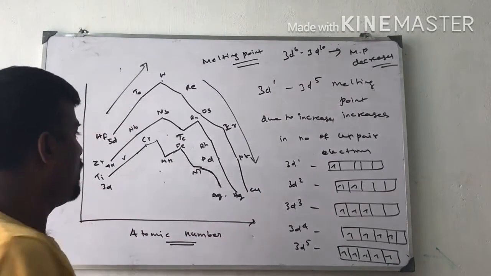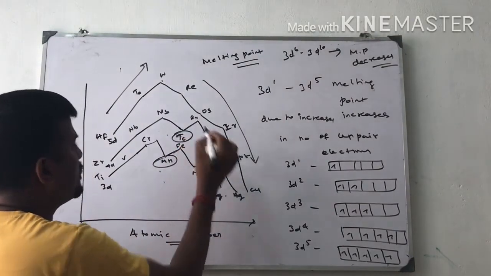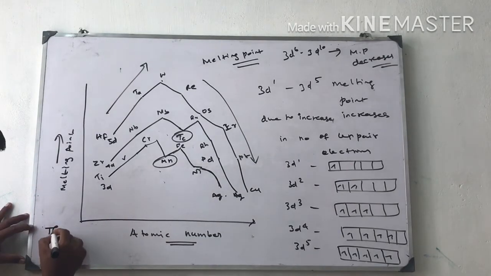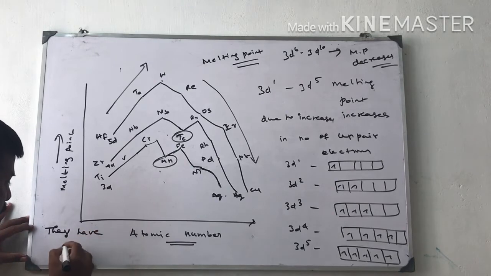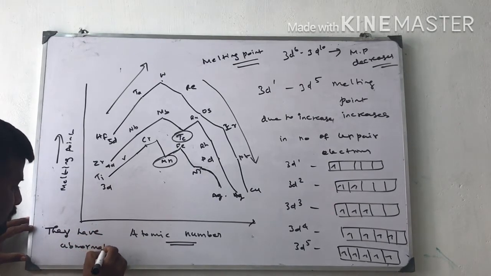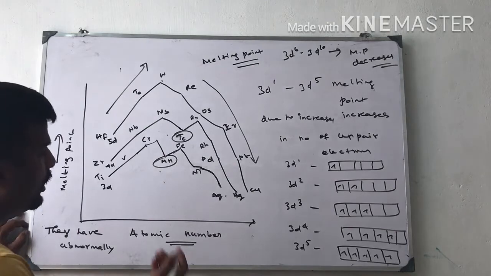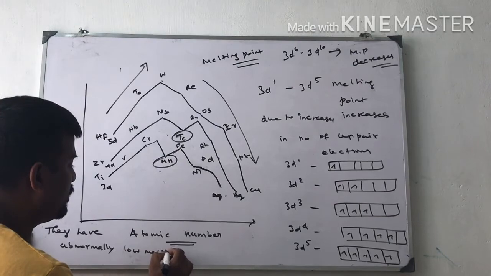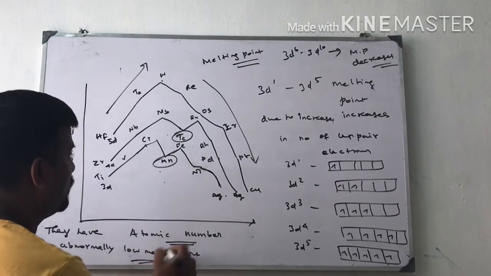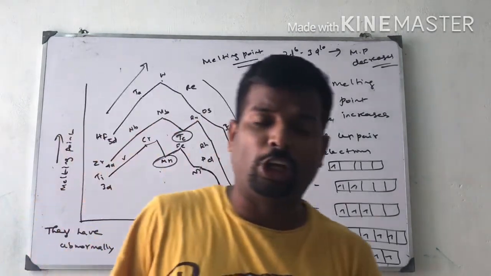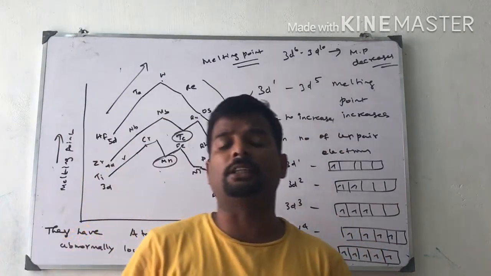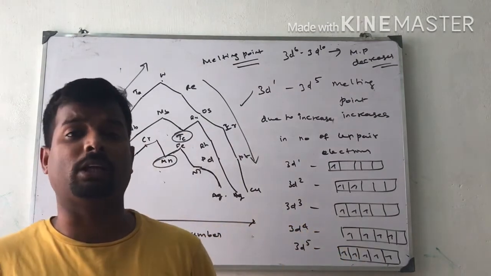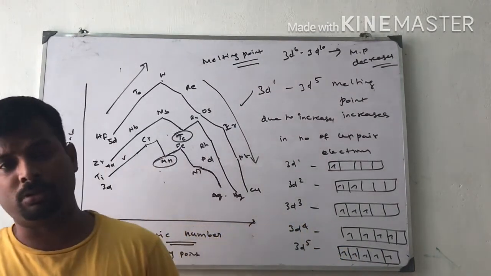One more exception: even though manganese and technetium have a large number of unpaired electrons, they have abnormally low melting points, because by their very nature these two elements have abnormally low melting points. The remaining elements obey this rule. From 3d1 to 3d5, the melting point increases because more unpaired electrons favor strong metallic bonding between one atom and another.